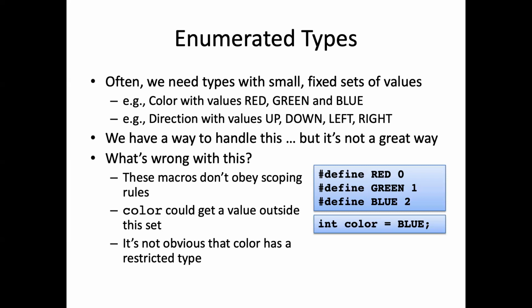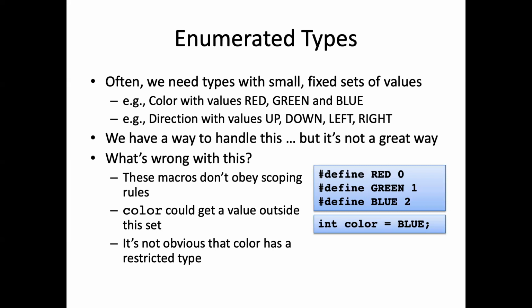We've gotten by without this so far, and if we had to pick how to do this before today, we would have done it with help from the preprocessor. We could use the preprocessor to set up values like red, green, and blue, like I'm doing down at the bottom, and choose numbers that those each map to. So red could get replaced by 0, and green could get replaced by 1. And then we could just use an integer variable to hold any one of those numbers.